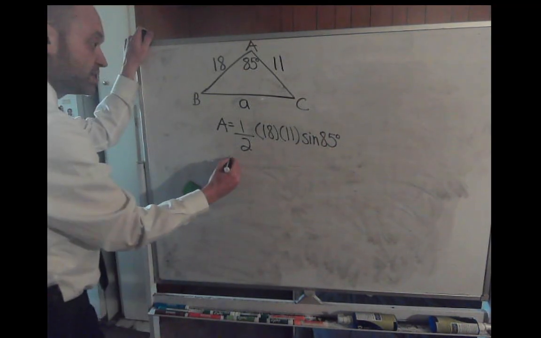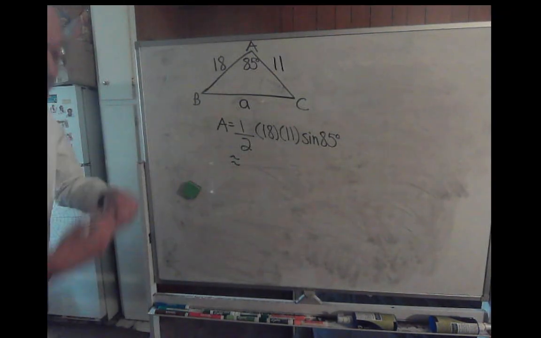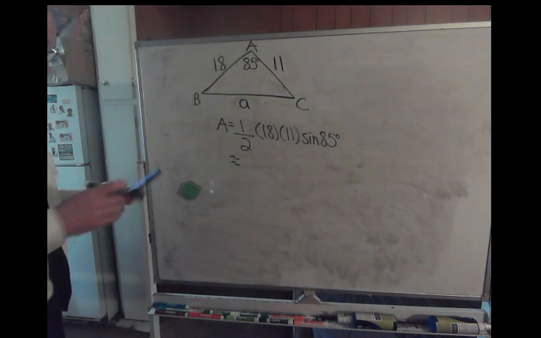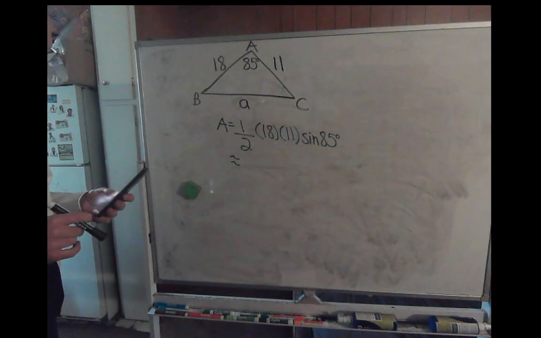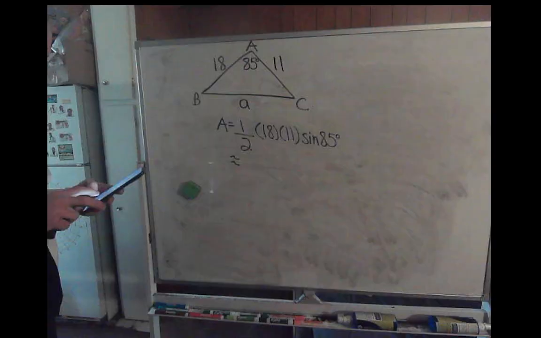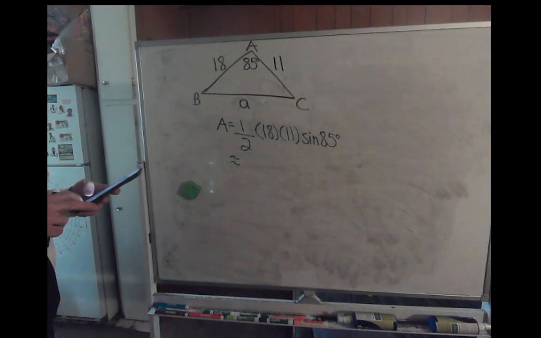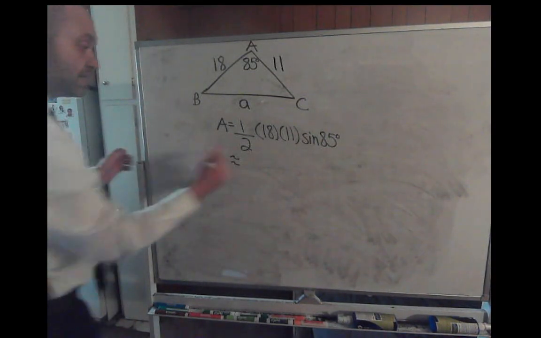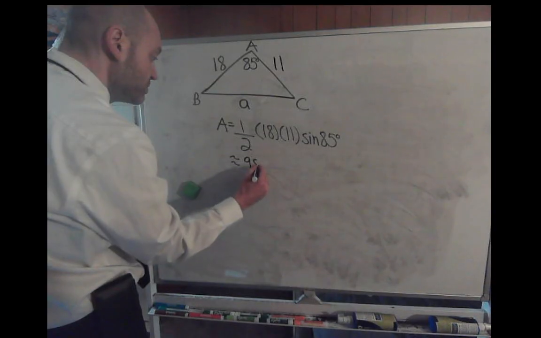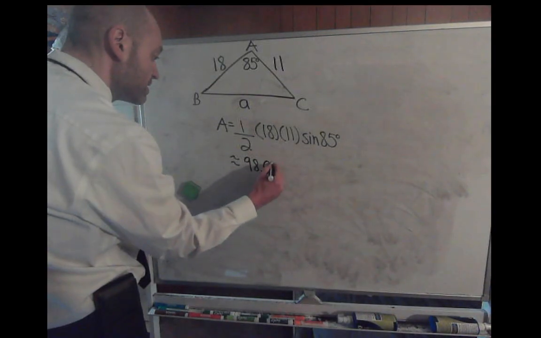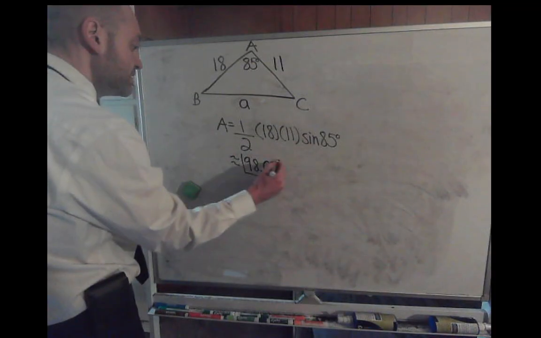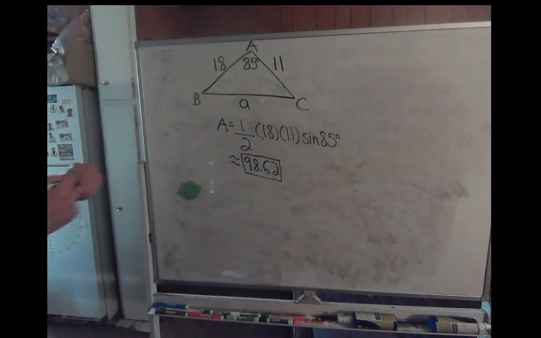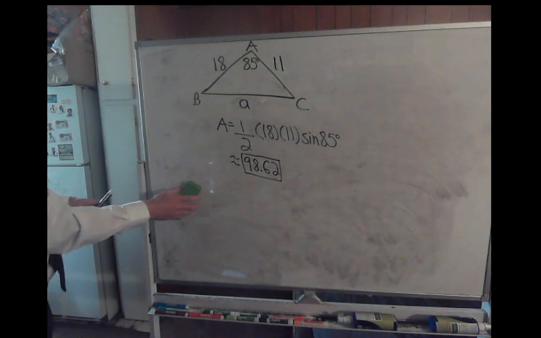Getting a two decimal place approximation, the area is approximately 98.62 square units.